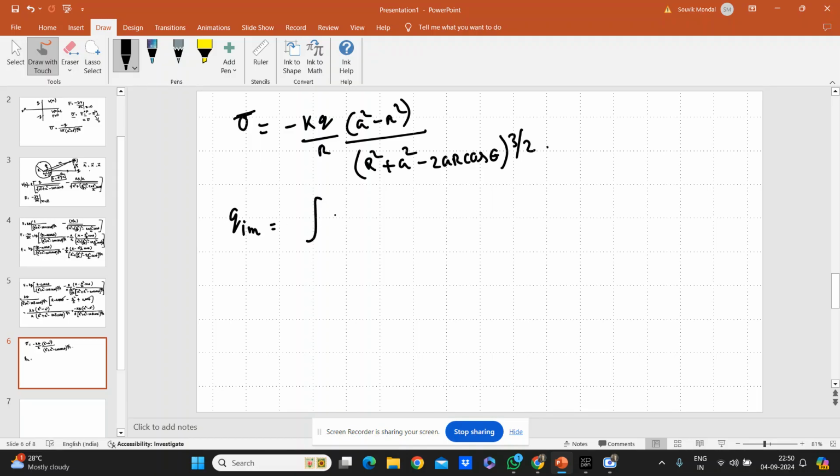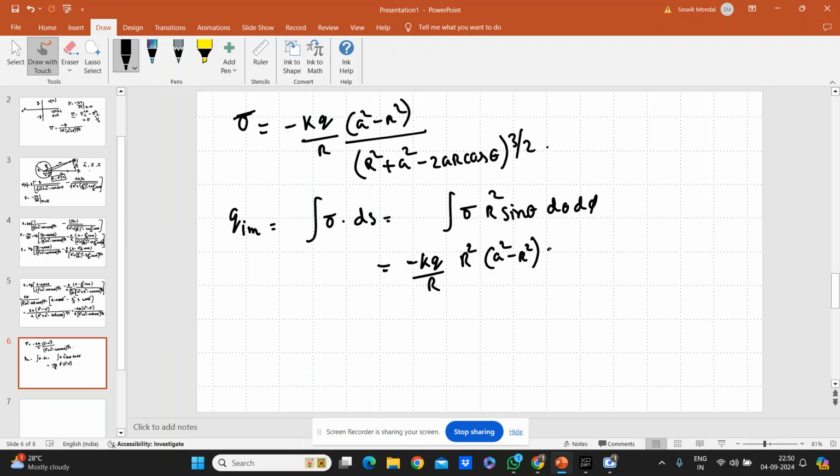So you can now integrate sigma dot ds, equal to sigma into r square sine theta d theta d phi, that is minus kq by r, r square into a square minus r square, 2 pi.